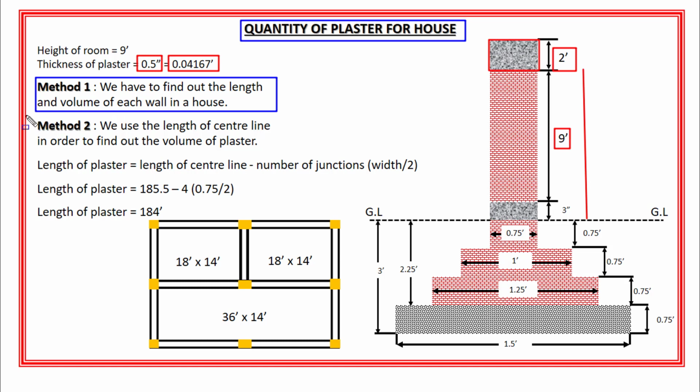So in the second method, I will use the length of the center line in order to calculate the volume of plaster. Now I know you guys haven't watched the entire course of the house estimation, and that's why you are confused about how to find out the length of the center line.